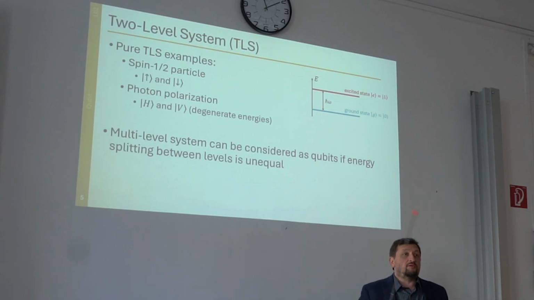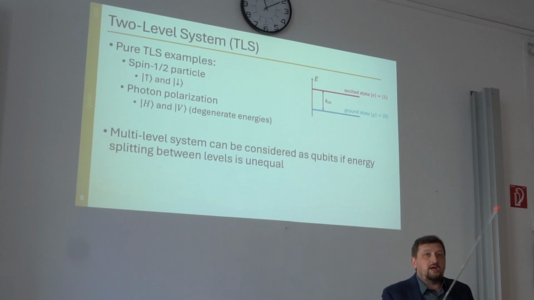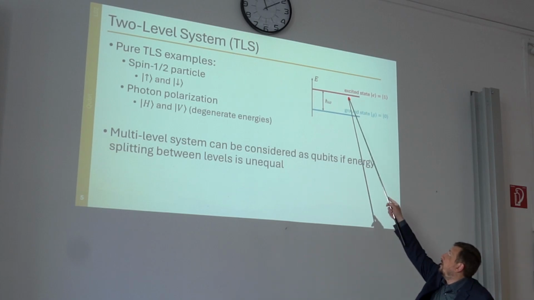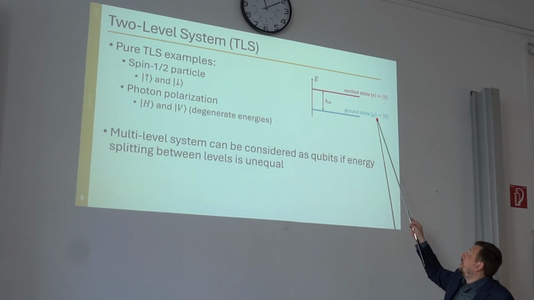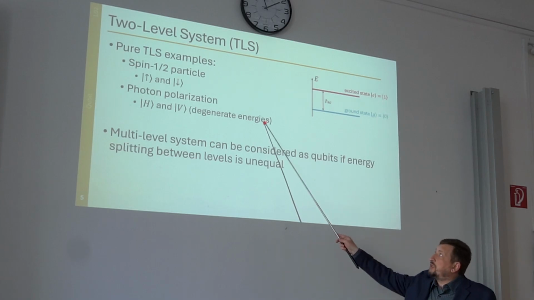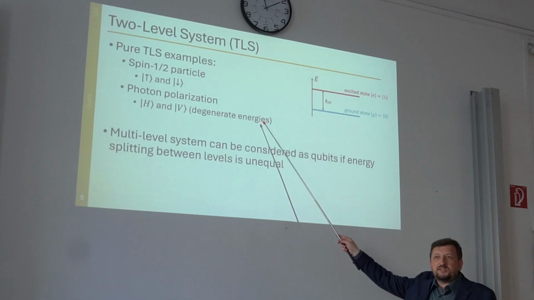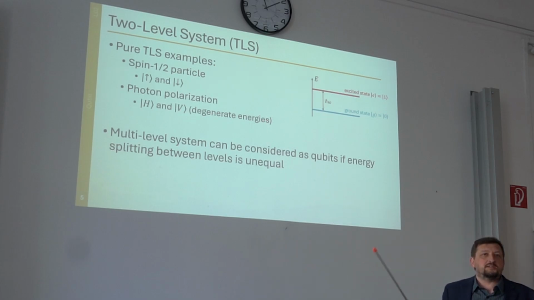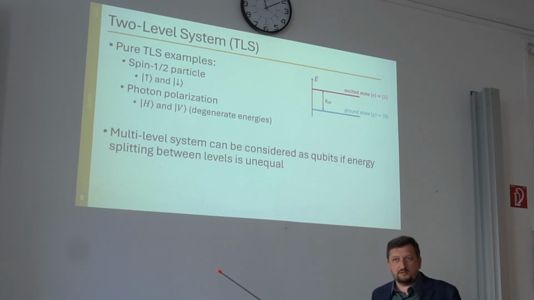And usually when we are talking about photons, these energy levels are degenerate, meaning that we have the same energy for one state and for another state. Okay, so there are just two such examples where we can say that this is really a system that has only two levels, and that's all.